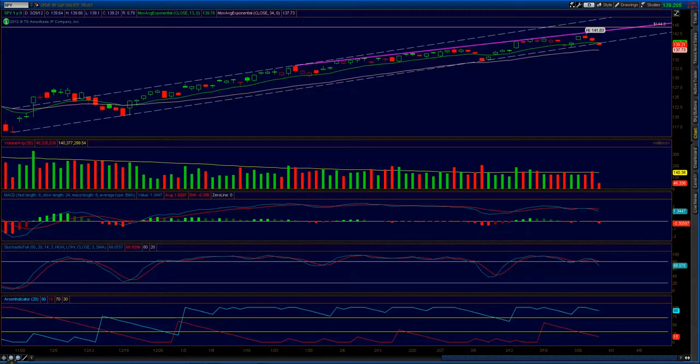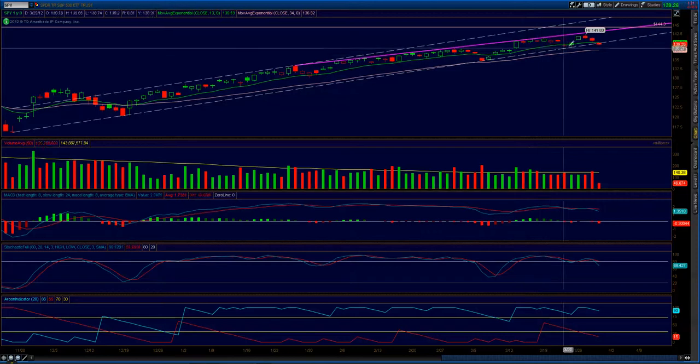So right now I'm going to start with the SPY, which is the S&P 500 ETF. And what I've shown you before, this is a daily chart. What I've shown you before was the SPY, or the market, as far as the large cap goes.